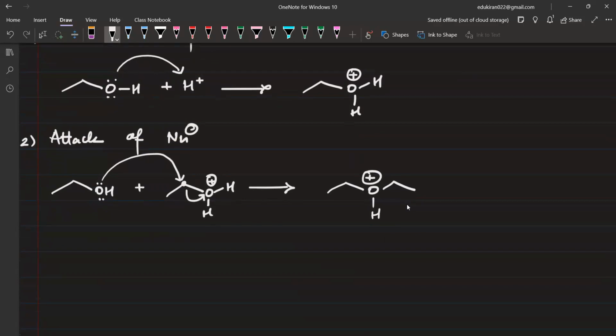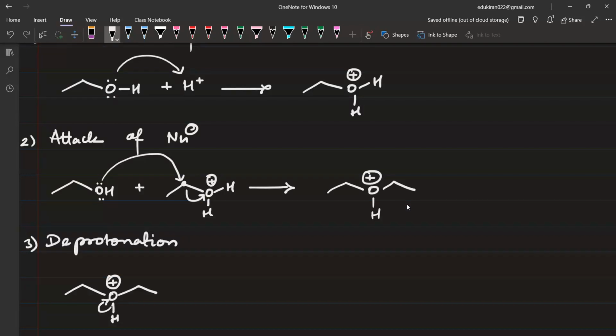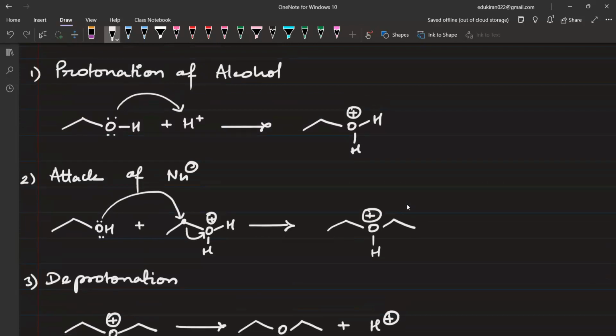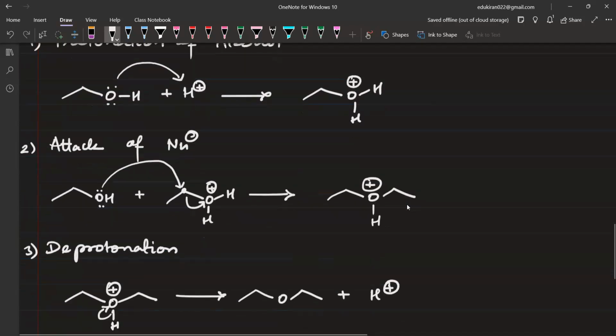In the last step, deprotonation occurs. In deprotonation, we have hydrogen and O positive. This hydrogen gives the electron density to oxygen atom, and we get ether, and the H plus is liberated as it is used as a catalyst. So just like it came here, similarly H plus is left.